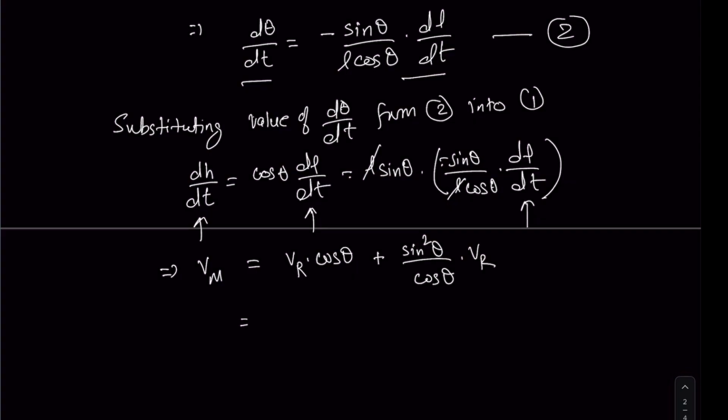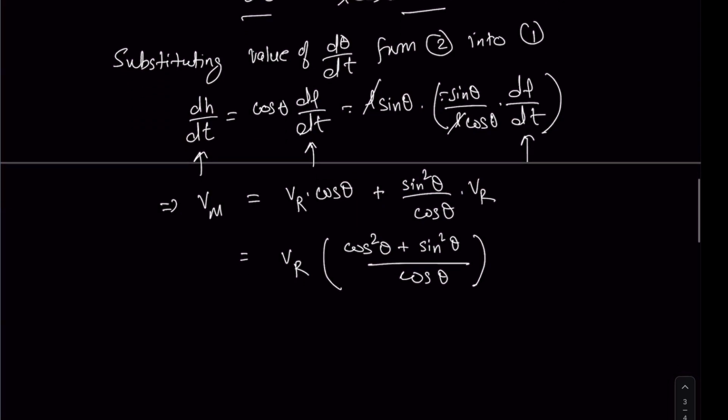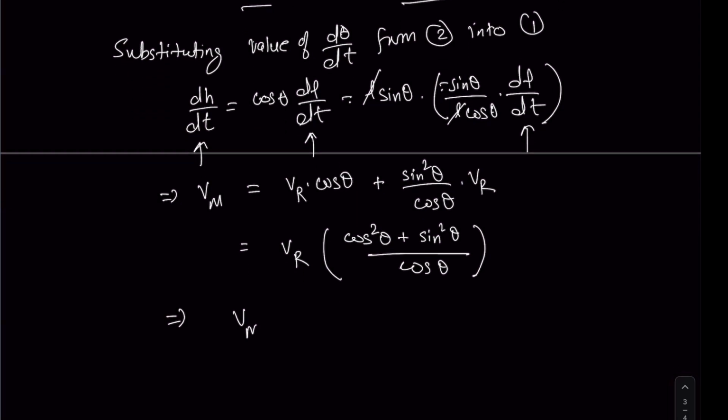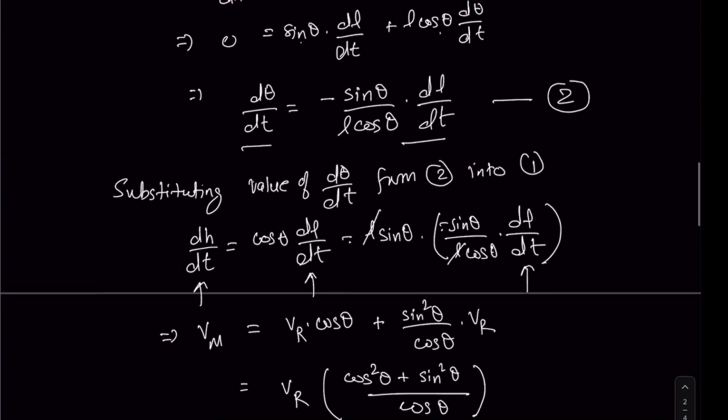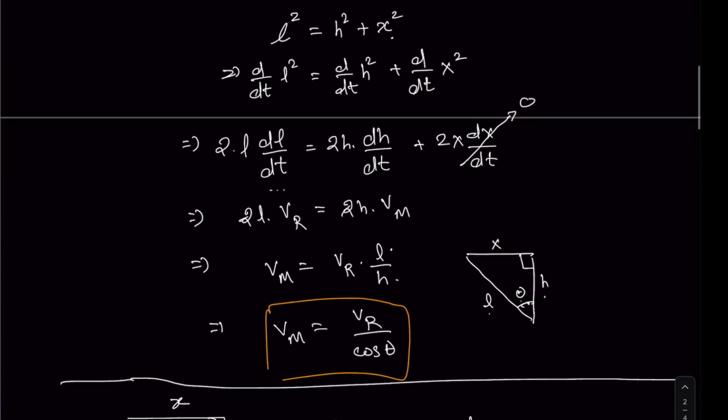We take VR common, and this becomes cos square theta plus sin square theta over cos theta. Sin square theta plus cos square theta is 1, that is a trigonometric identity, and hence Vm equals VR over cos theta, which is the same answer that we arrived at using the other, but probably much simpler method. Thank you.